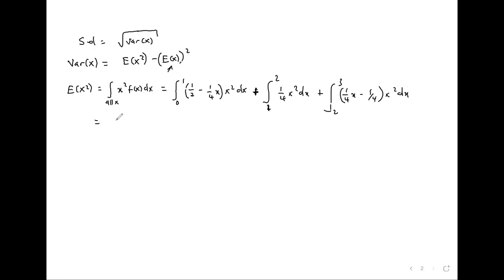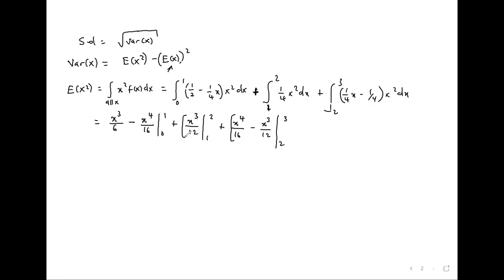So 1 over 2 x squared becomes x cubed over 3 times 2, 6, minus, that's x cubed, so it will be x to the fourth over 16 from 0 to 1, plus x cubed over 12 from 1 to 2, plus x to the fourth over 16 minus x cubed over 4. This one runs from 2 to 3.